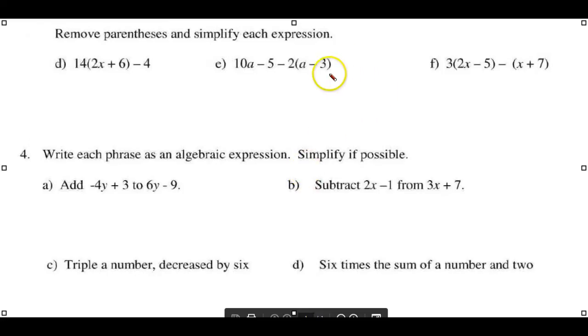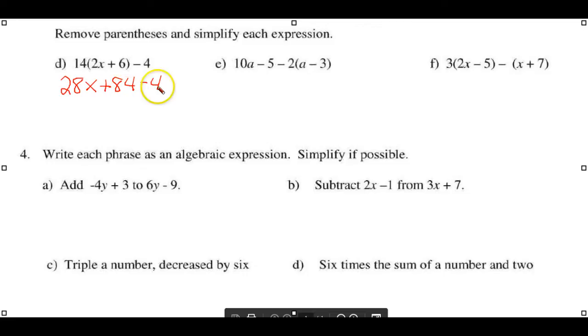Here it gets just a tad more complicated, and be careful what you're doing. Here we are to remove the parentheses and then simplify if we have like terms. So 14 times 2, 28x. 14 times 6 is a positive 84 minus 4.